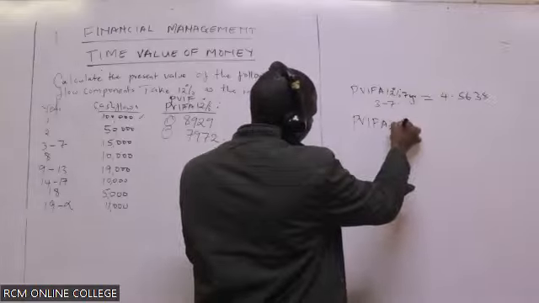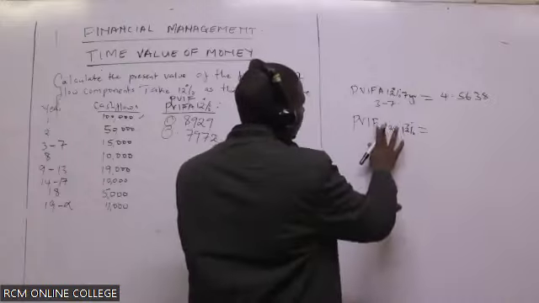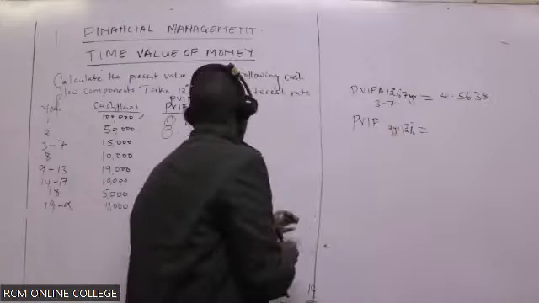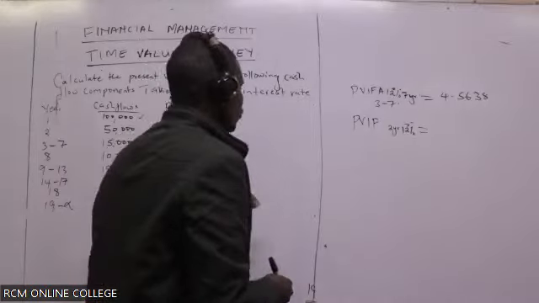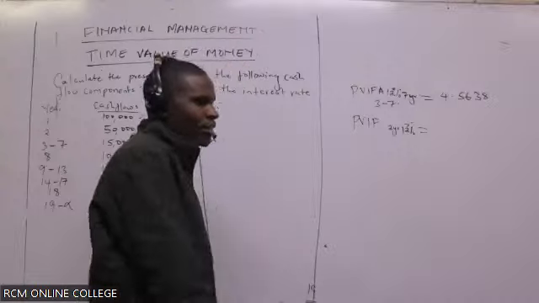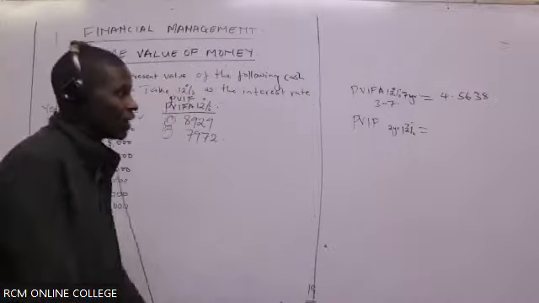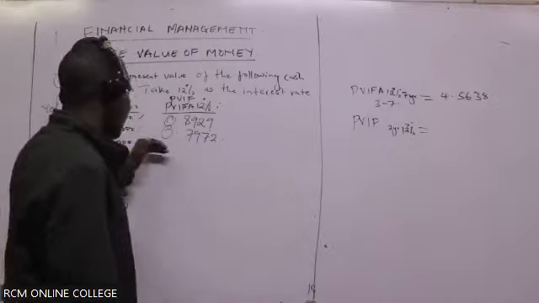2 years, 12%. Or maybe PVF, because we have PVF. Si tuko nazo already. Unaongeza hizi mbili. Unaona? So add for me the two. Hapo ndio nataka ushike vizuri. 7 years ni zote. Year 1 to 7.